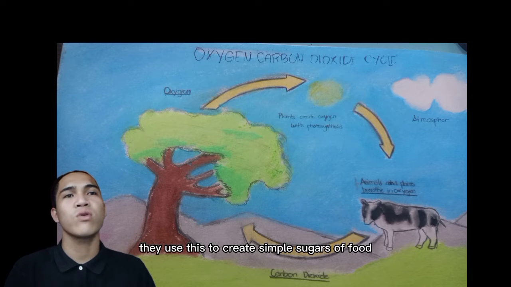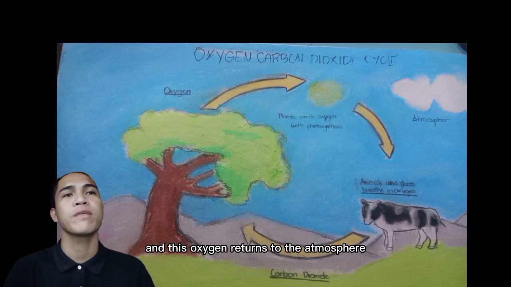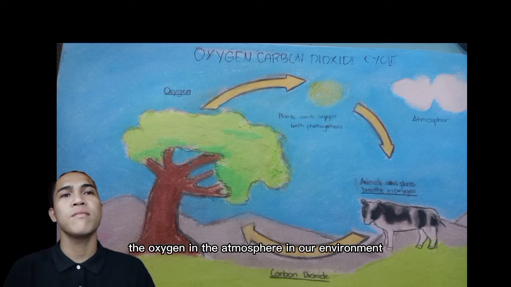They use this to create simple sugars as food. As a byproduct, they release oxygen, and this oxygen returns to the atmosphere. Now, this free oxygen is the one which we inhale. The oxygen in our environment is the one we inhale back for our metabolic process, and then the cycle goes on.